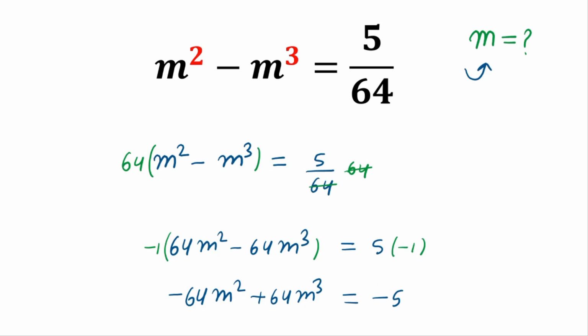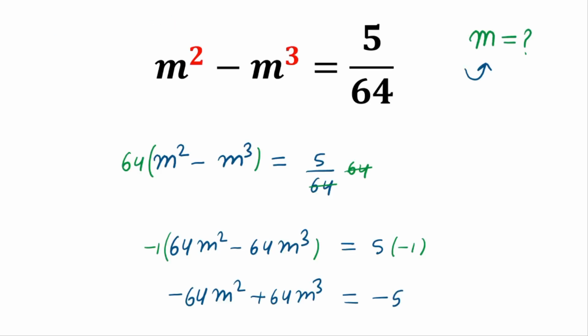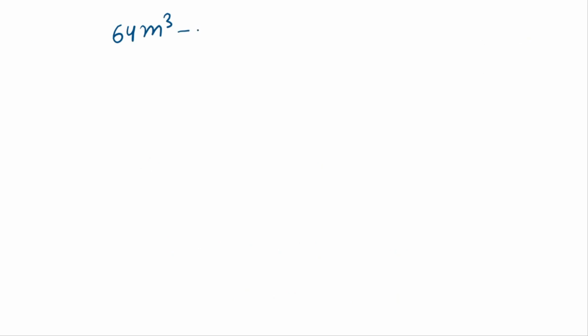Now on the left hand side we have 64 m cube minus 64 m square, and this equals minus 5.